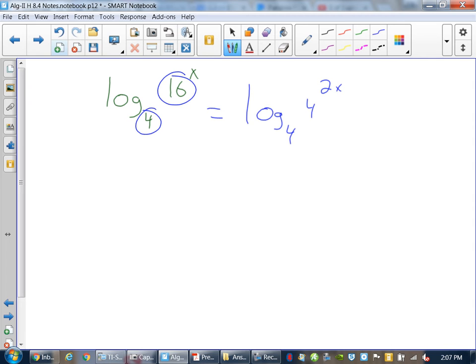Because the rule is going to be right over here: you're going to have 2 of these. That's how they undo one another.